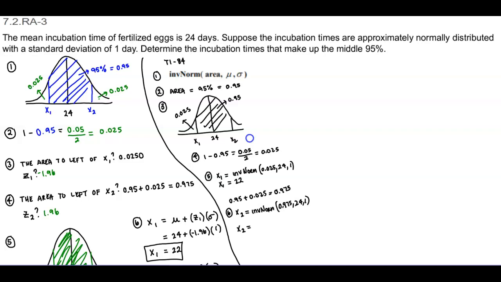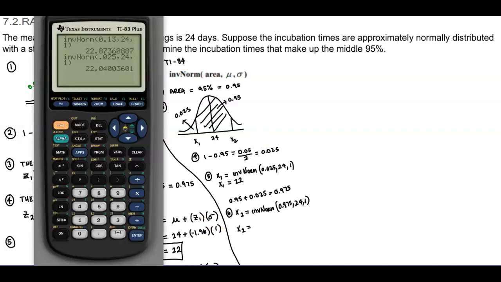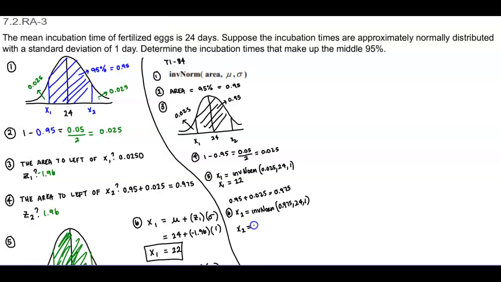So let's go ahead and do that. Second distribution, scroll down to INV norm. We're going to put 0.975 for our area. We know the mean is 24, standard deviation is 1, and then we get 25.9. We can round that to 26, which verifies our answers from the first part.